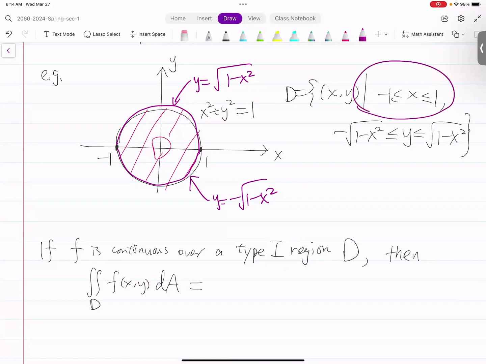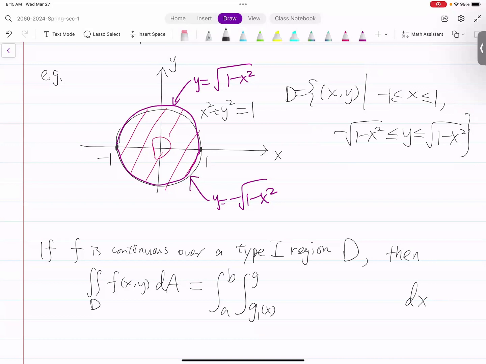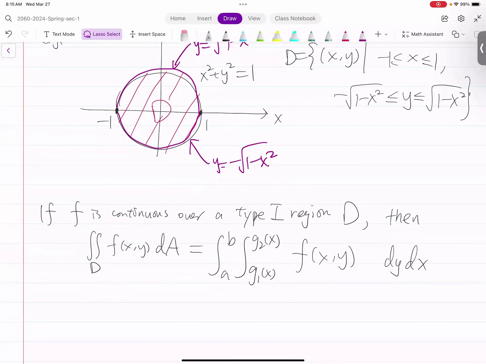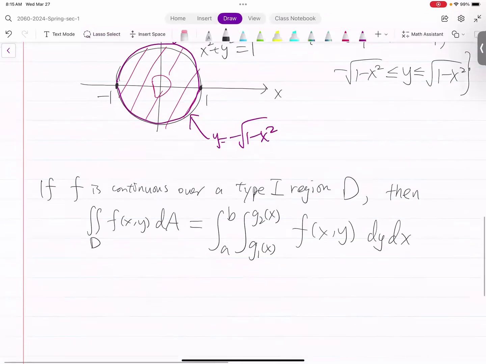So we write the interval in terms of x first, and then we write the interval in terms of y in the inner integral. So x goes from a to b. Here we keep the x outside. And then y is cut between g1 of x and g2 of x. And then we write dy. And then finally we're integrating f of x, y. And here I can eliminate the space by moving dx a little bit left.